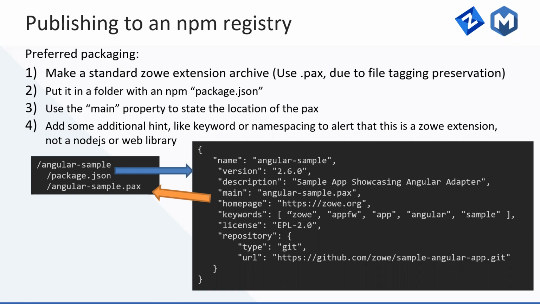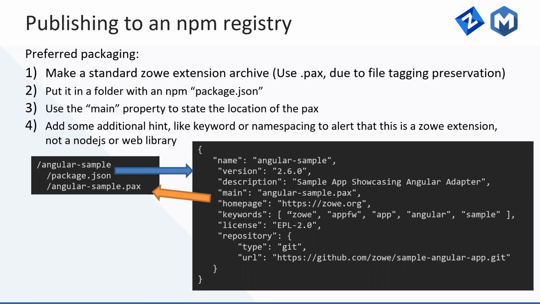And you can see here package.json has some pretty simple properties, just saying what is the name of the thing, what's its version number, et cetera. This very closely aligns with the manifest.yaml of extensions. So you can use a tool that literally just copies from one to the other. But the key here is the main property. This main property is normally used by Node.js to figure out where to find the top level JavaScript object.